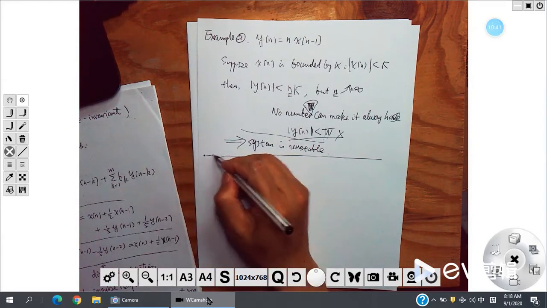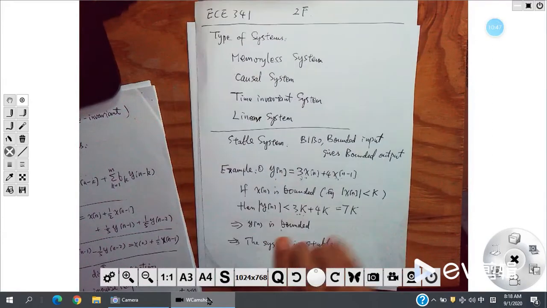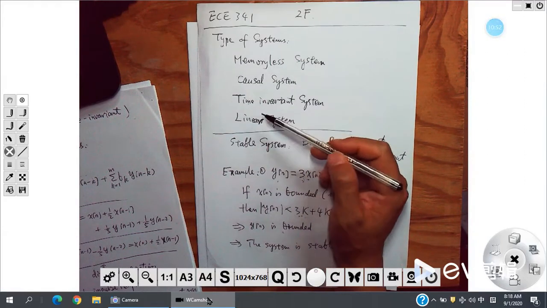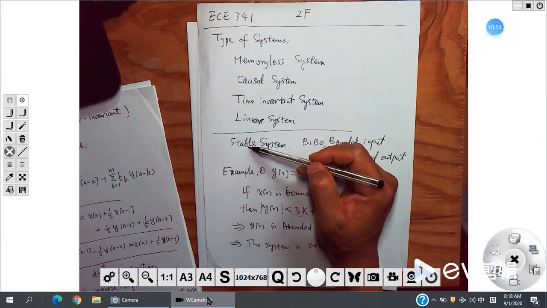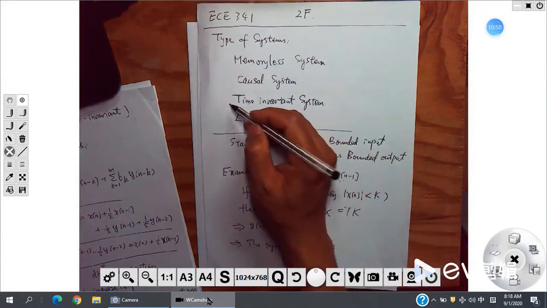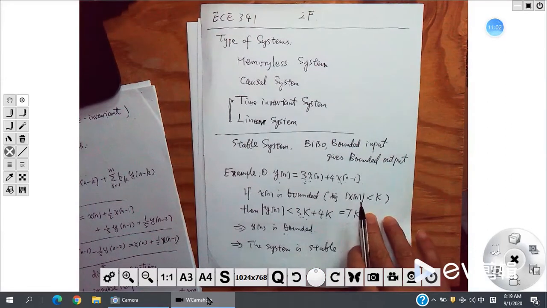Okay. So we totally have 5 different kinds of systems: memoryless, causal, time invariant, linear, and stable. Now we consider these 2: linear and time invariant.